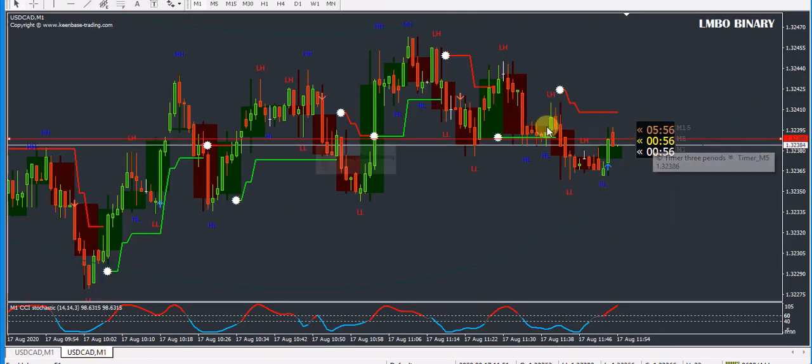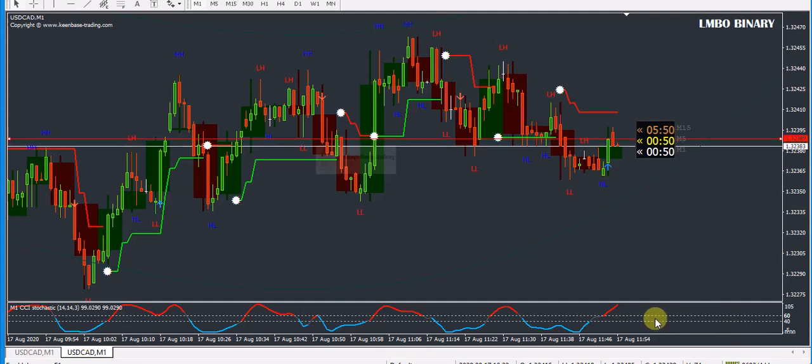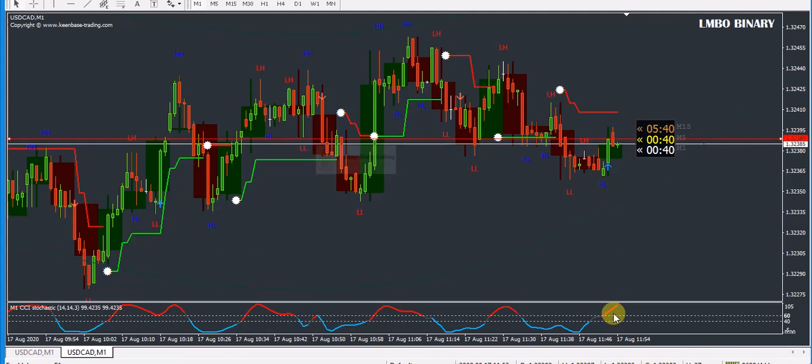It's a reversal fractal also, and it will clear, but we just avoid this one. This CCI and stochastic indicator suggest that the market is still in an uptrend, because it's a 14 period and the trend is showing the 50 period. So we must avoid it until we get a good entry point.